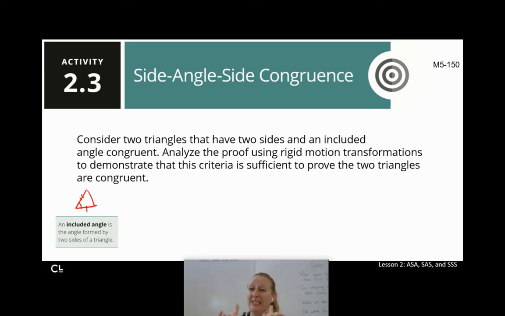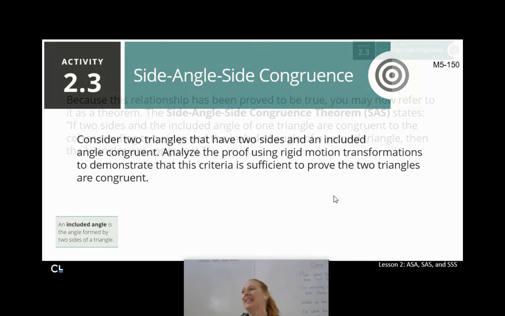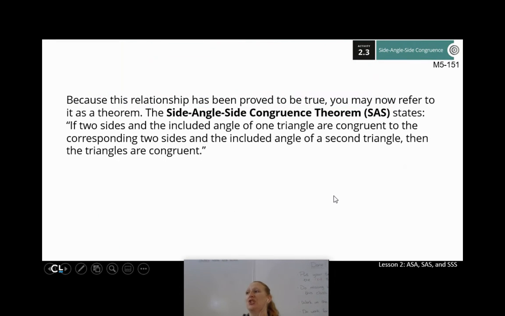That is really important because this relationship takes us to the side angle side congruence theorem. We often refer to it as SAS, and it states that if two sides and the included angle of one triangle are congruent to the corresponding two sides and the included angle of a second triangle, then the triangles are congruent.